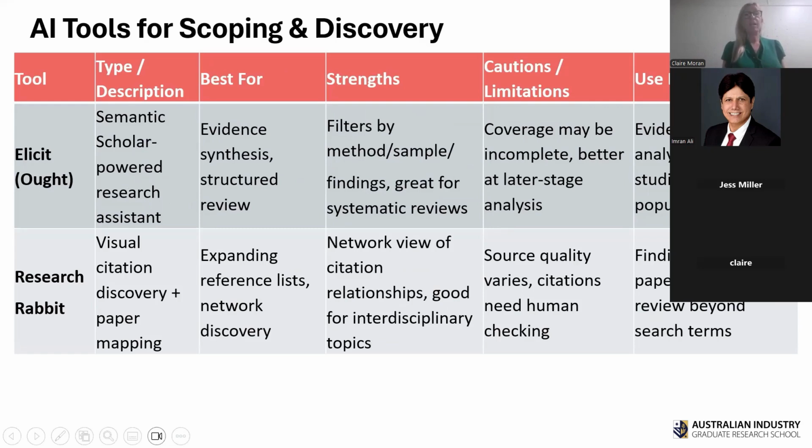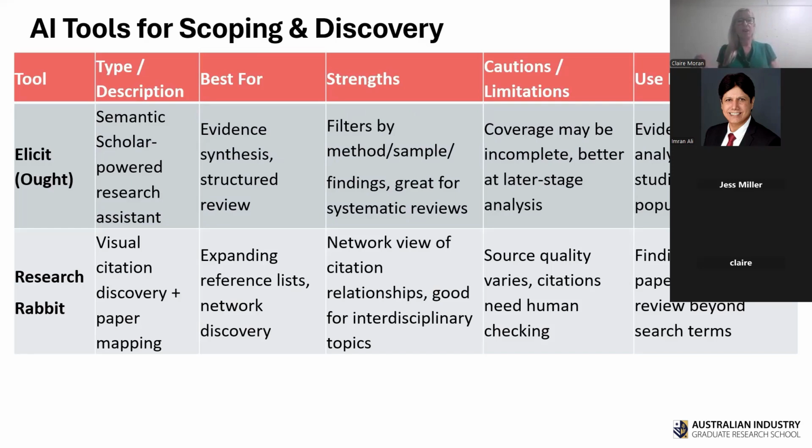Elicit is another tool that can be really useful at this stage. Elicit is powered by Semantic Scholar. This is great for evidence synthesis or structured review. Elicit is really good when you already have a focused topic and you want to compare studies by things like method, sample, or findings.